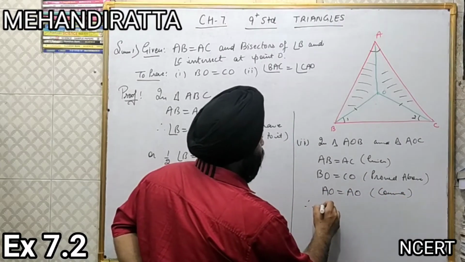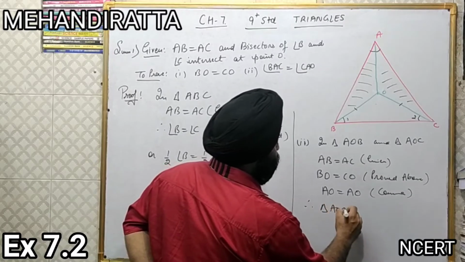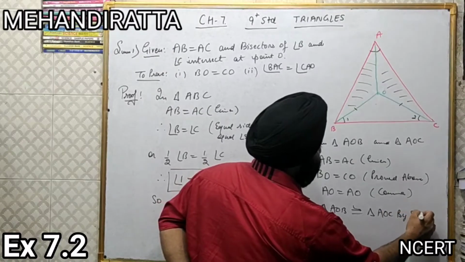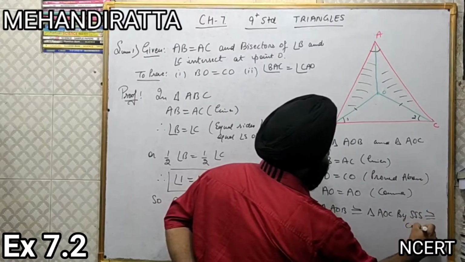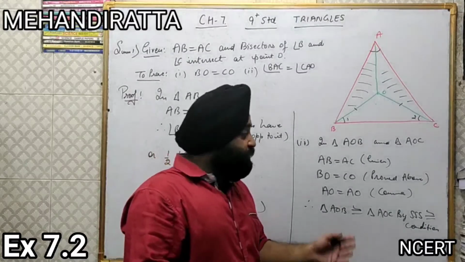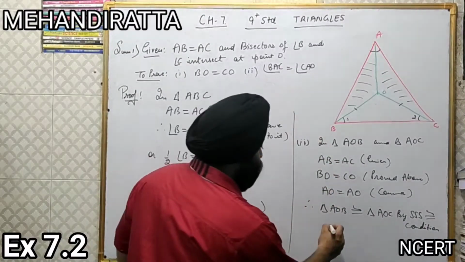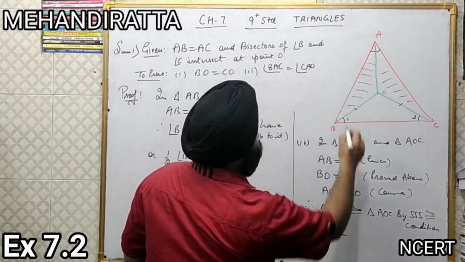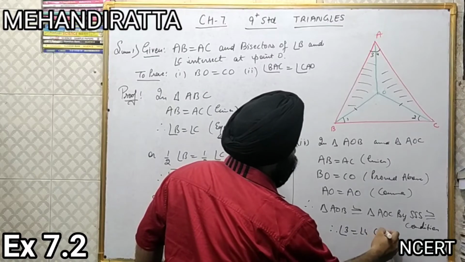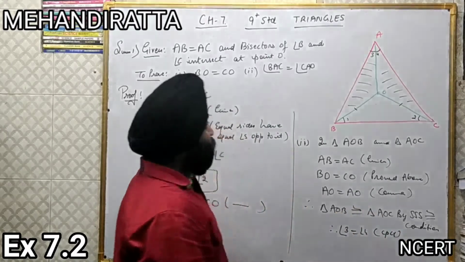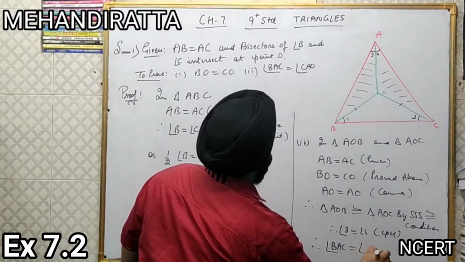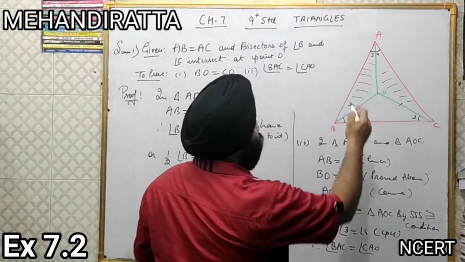Therefore, triangle AOB is congruent to triangle AOC by SSS congruence condition. Now students, the triangles are congruent, therefore angle 3 equals angle 4 by CPCT.